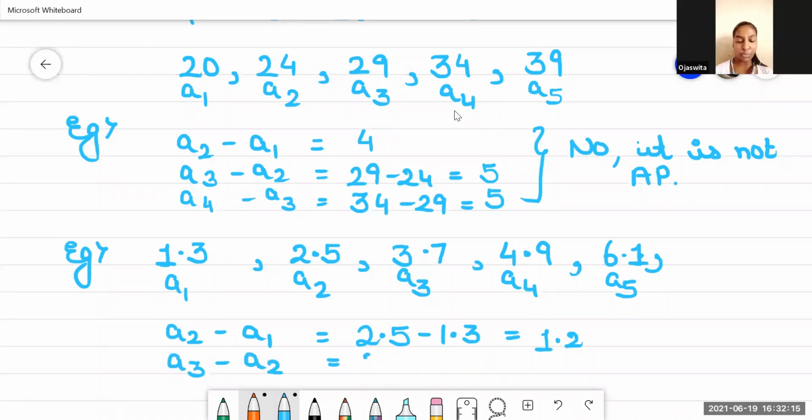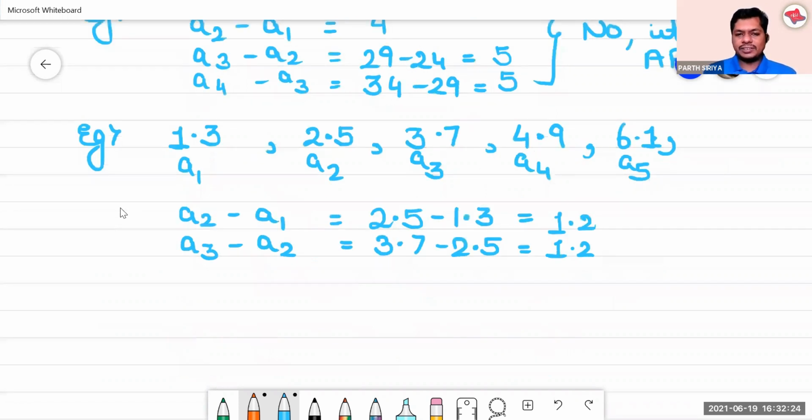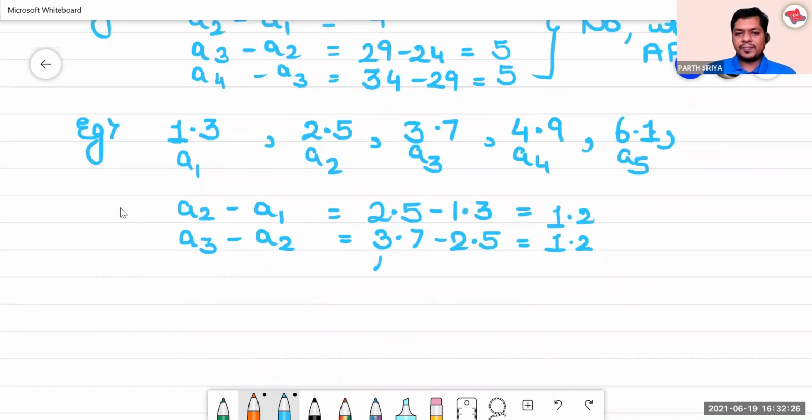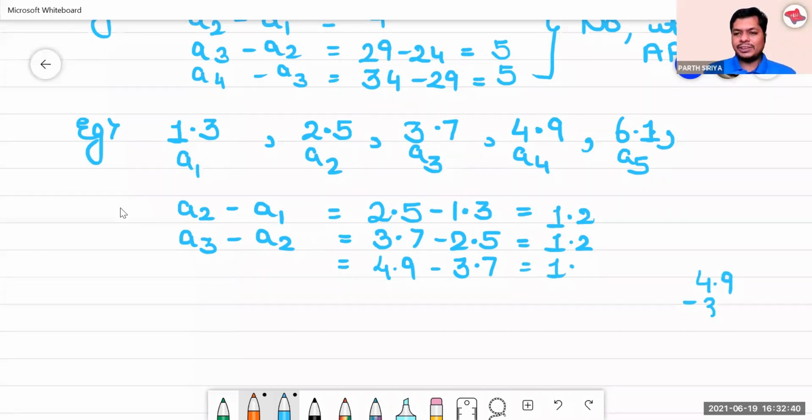Sir, 1.2. 1.2, correct. Kiran, what about the next two numbers? 4.9 and 3.7. 2.1. Is it 2.1? No, 1.1.